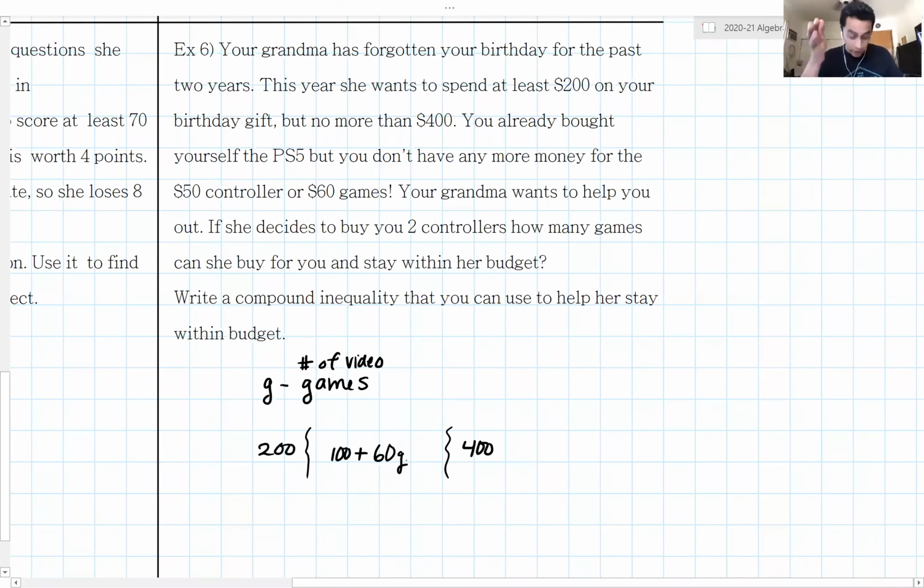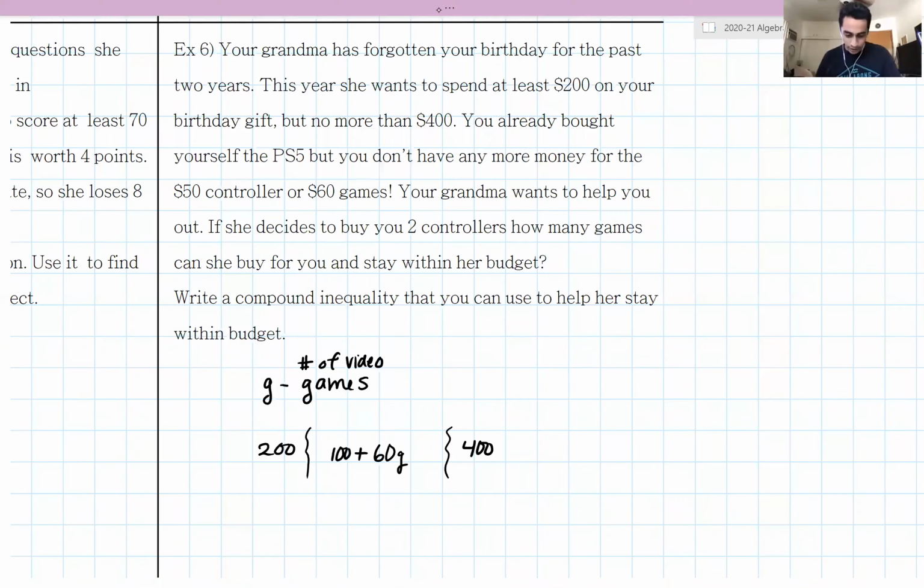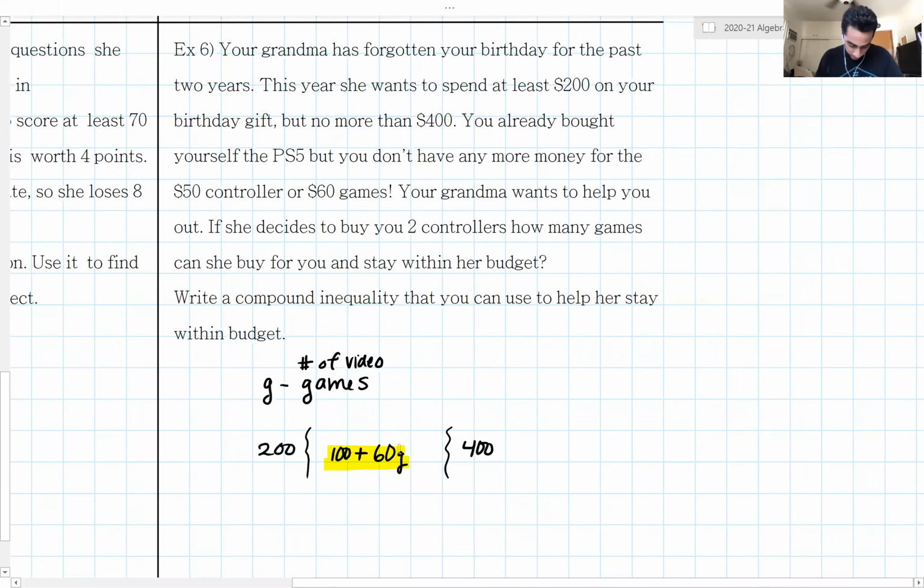So it's $100 for the 2 remotes plus $60 per game. What we're doing in the middle is the equation that's going to help her figure out how much money she will spend. So $100 is set aside for controllers and then $60 for games. We're assuming we live in a tax-free world right now, so we're not going to consider tax.